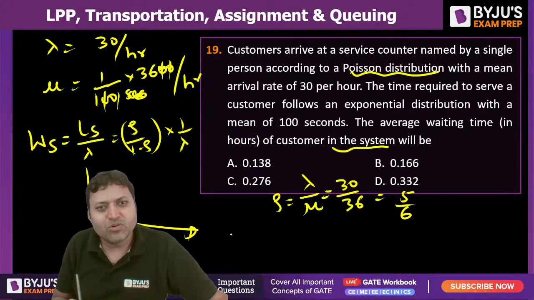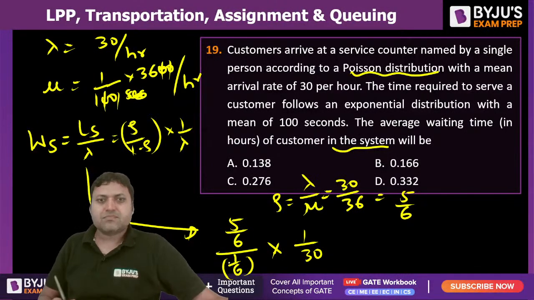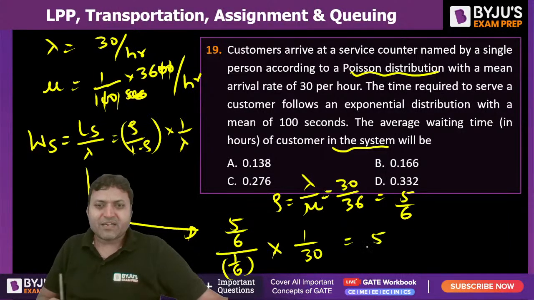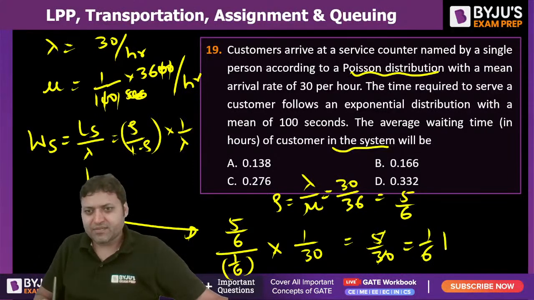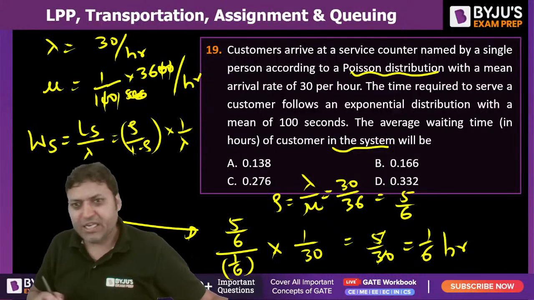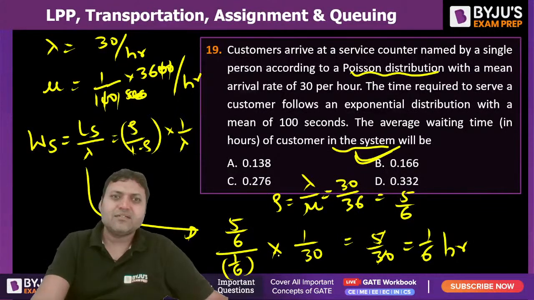WS will be equal to 5 by 6 upon 1 by 6, into 1 upon 30, in hours. That is 1 by 6 hours. What is 1 by 6? 0.166. Option B is the correct answer.